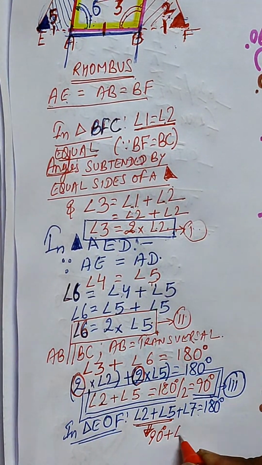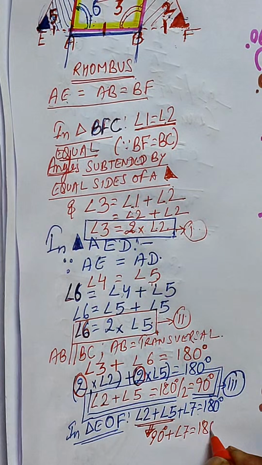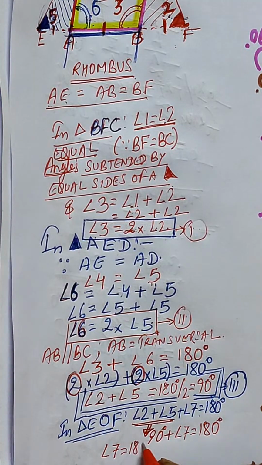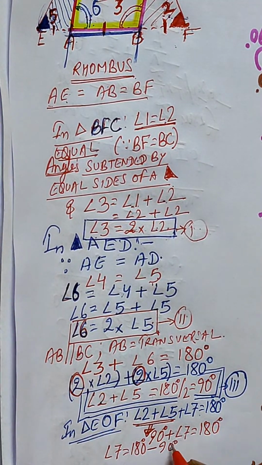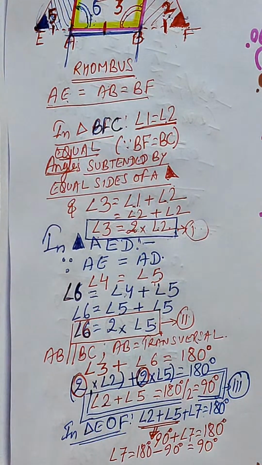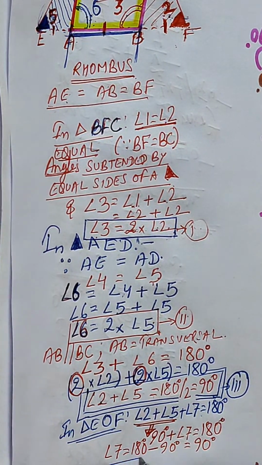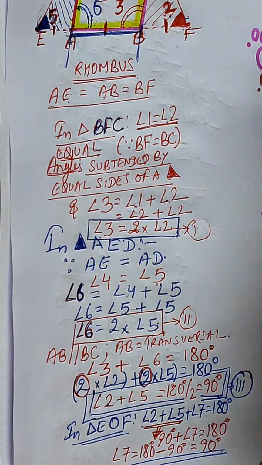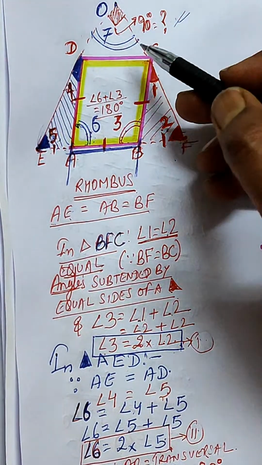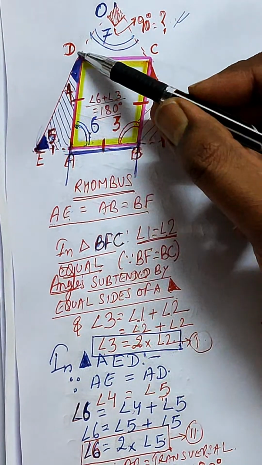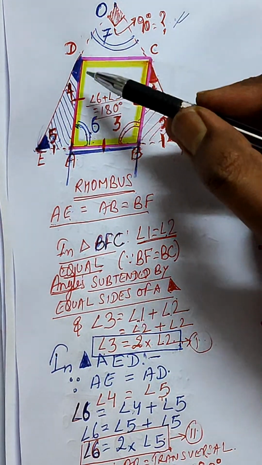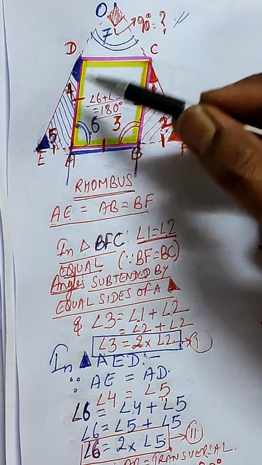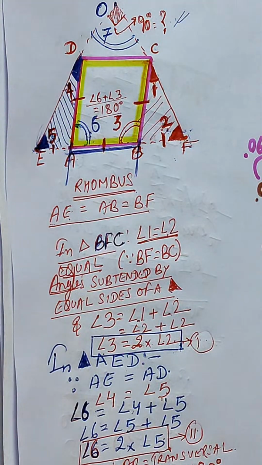Then 90 degrees plus angle 7 will be equal to 180 degrees, which will give you the value of angle 7 equal to 180 degrees minus 90 degrees, which is coming as 90 degrees. So here, students, you can see angle 7 is proved as 90 degrees, right? Since angle 7 is 90 degrees, that means ED and FC, because ED is extended to O and FC is extended to O, we have proved ED is perpendicular to FC, right?